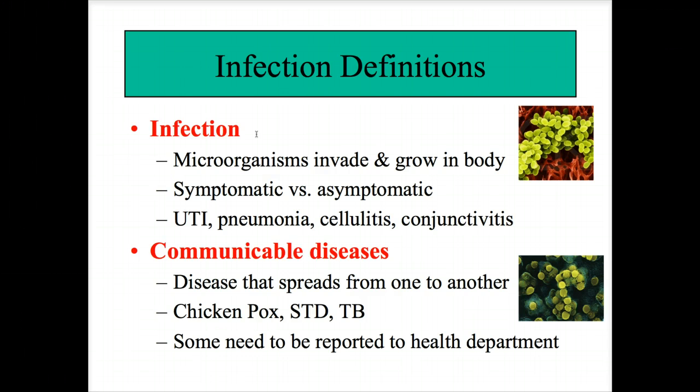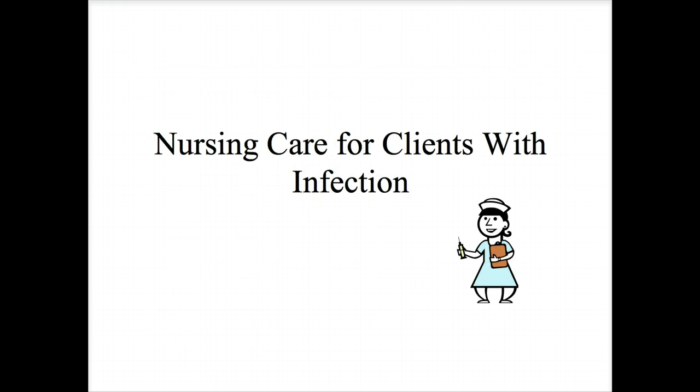Infections can grow in the body, and they're identified by the cultures. They can be symptomatic or asymptomatic. The patient may or may not have symptoms. And when they do or don't, infections can result in urinary tract infections, pneumonia, cellulitis, conjunctivitis, and many, many more.